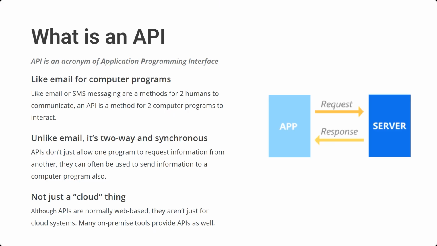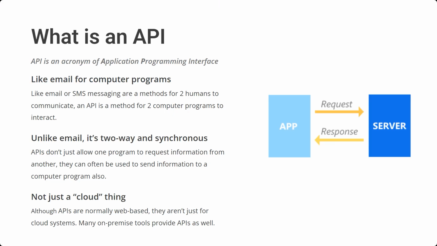The difference is that when sending emails, it can be one-way communication. You just send an email and that's it. So you don't expect anything back. But with APIs, the party that sends a message always expects something back. So it's a two-way communication, and also it's synchronous, meaning that if one party sent a request, a message, then it expects that the other party will respond immediately or almost immediately.